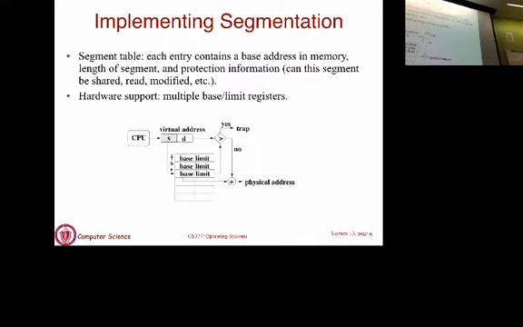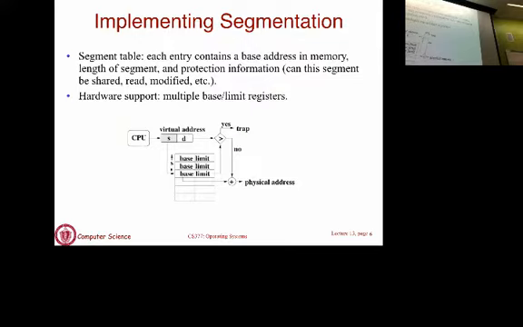So it goes without saying that you need hardware support for base and limit registers. It should also be clear that since you're talking about base and limit registers, segment tables are stored in registers typically. That's one way to implement segment tables. When we had page tables, you could have a very large number of pages. You didn't have enough registers to store the address of each page. So you stored it in a page table which was kept in memory and you had a TLB.